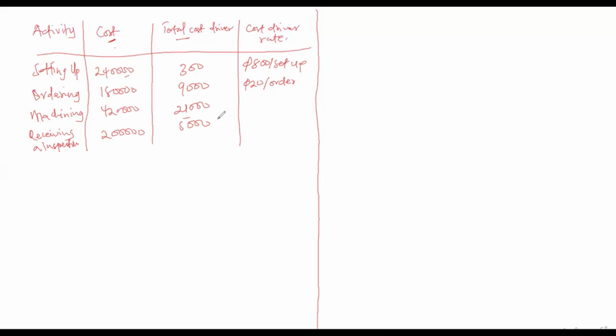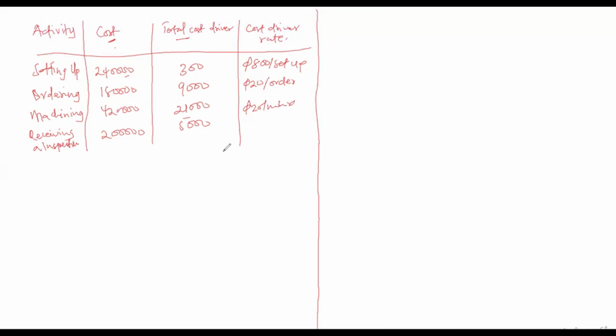And we do the same for the machine hours. The machine cost, 420,000 by 21,000, will give us 20 cedis per machine hour. Then we come to the receiving and inspection.